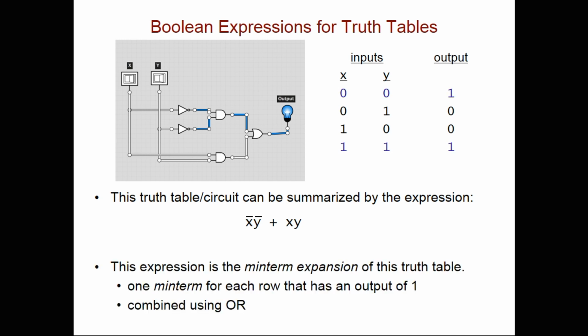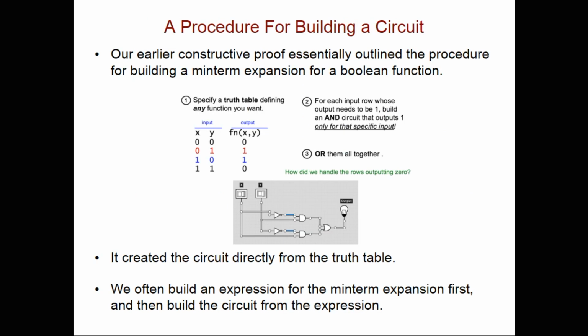This Boolean expression is called the Minterm expansion of the truth table, because there is one minterm for each row that represents the output of 1, and combining these using OR, we can reach the output.